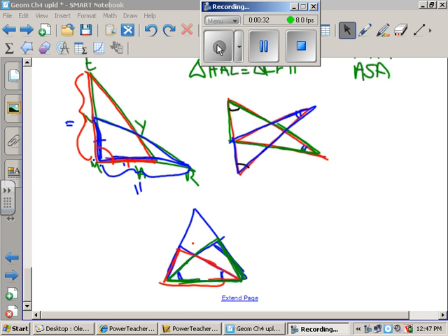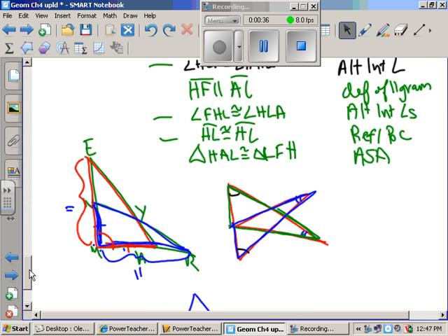Okay? So if, for instance, I needed to prove that angle E was congruent to angle R, are they marked congruent? No. Right now, at the beginning of that proof, I had no idea if angle E was congruent to angle R. But I proved that the triangle that it was part of was congruent to the triangle that that angle was a part of.